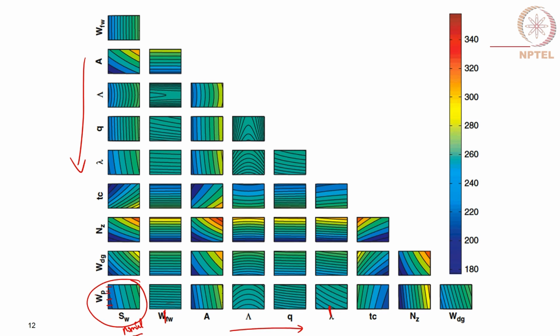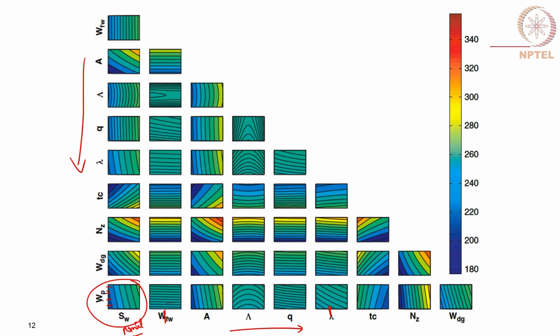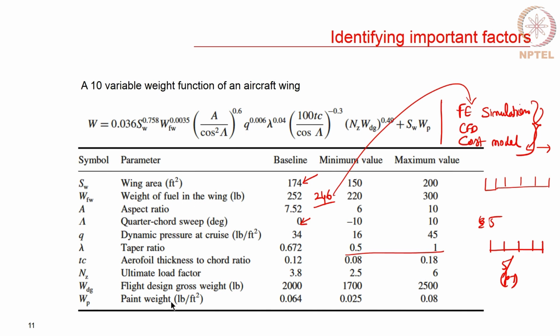This one is pretty much here, this particular graph. It does not say anything. SW is what? Your wing area, sorry, and what is this? WP is the paint weight. The paint weight obviously will not have an effect on your wing area. So, that is what is captured here.